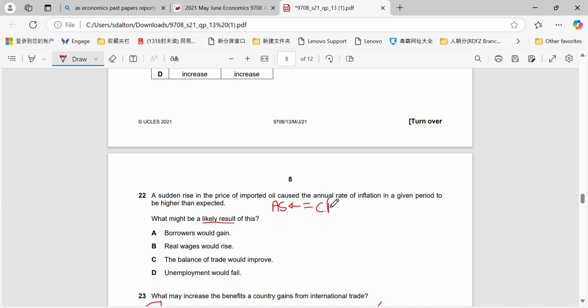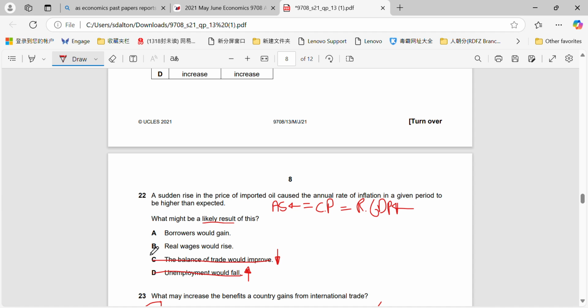Now, if you remember, with cost push inflation, that means that real GDP will move to the left or decrease, and therefore unemployment would not fall, unemployment would actually rise. Balance of trade would not improve, the balance of trade would decrease.